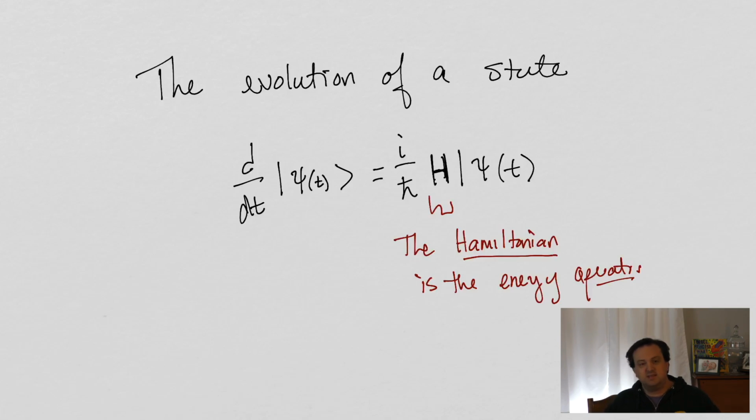So if I apply the Hamiltonian to my state, I get out information about the different energy states of my system. And the different energy states of my system are going to determine how my system propagates through time.